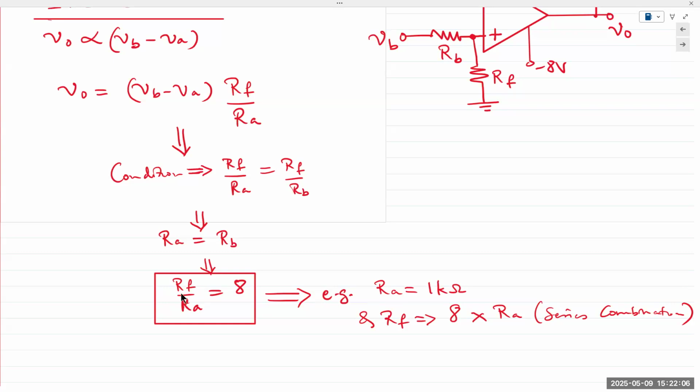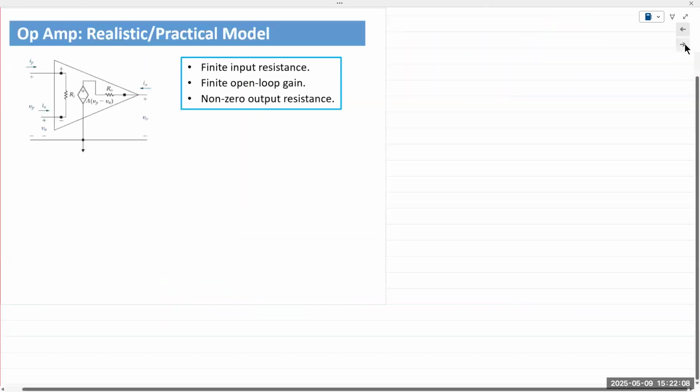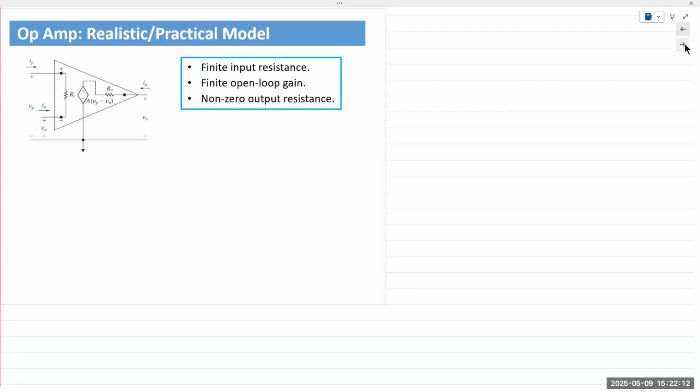All right. So one final topic is the ideal op-amp versus a real-life realistic model. The properties of an ideal op-amp were that it has infinite input impedance or input resistance, 0 ohm output resistance, and infinite open loop gain, right? A realistic op-amp, that's not the case.